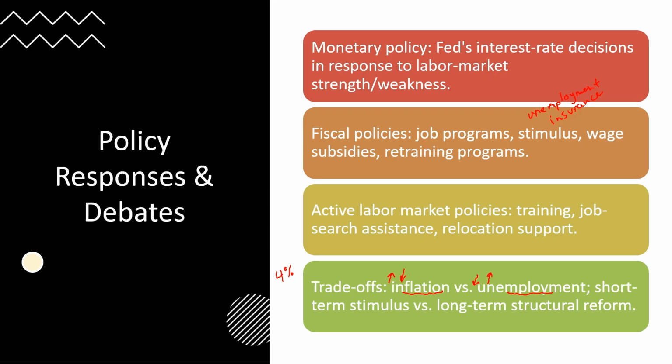Then, of course, there are also trade-offs of short-term stimulus versus long-term structural reform. Short-term stimulus could be things like providing loans to companies or providing unemployment insurance to laid off workers. That's typically for the short term.